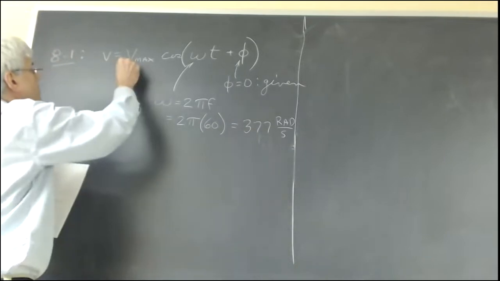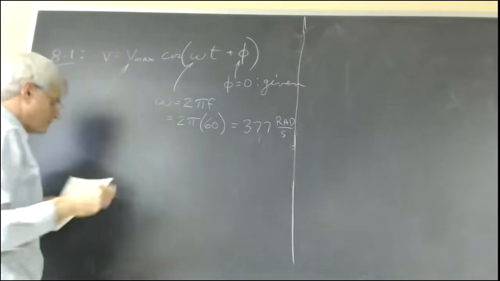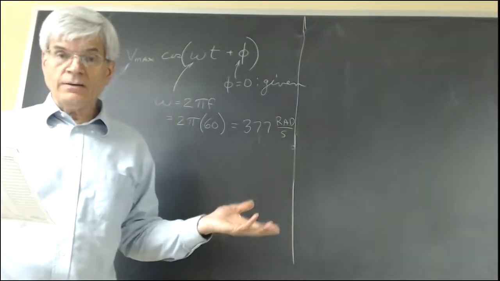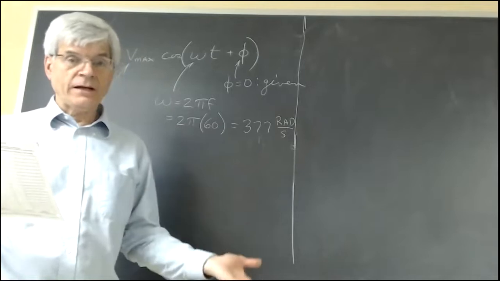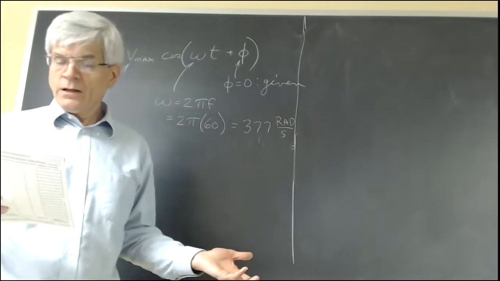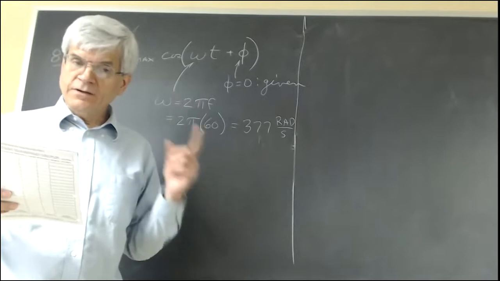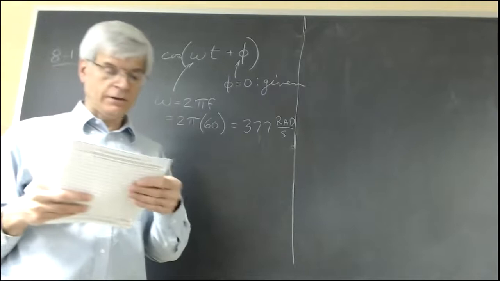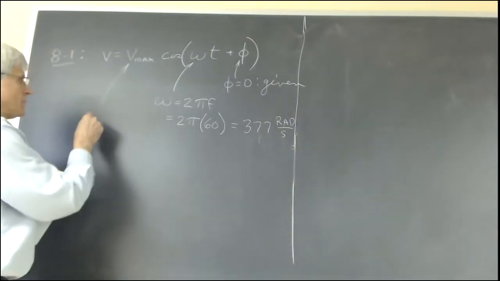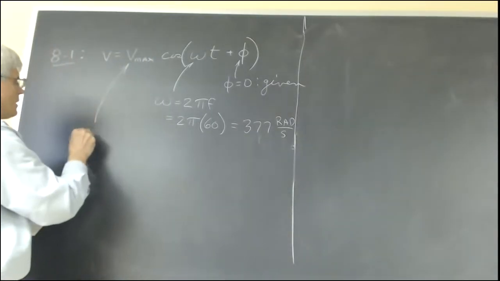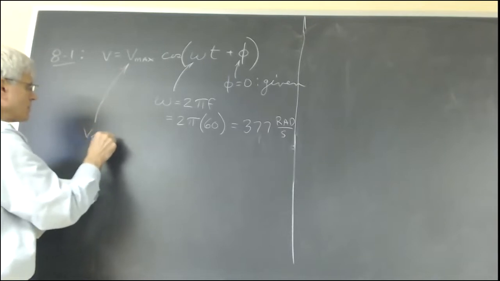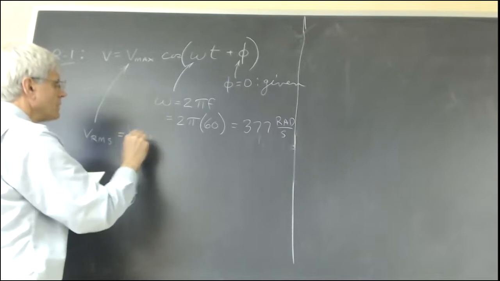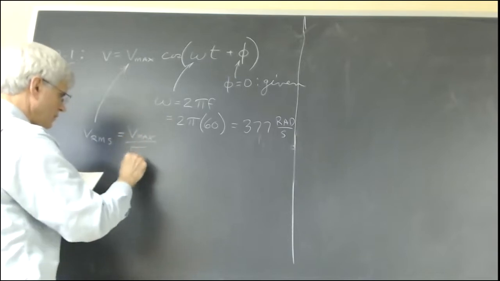And we need a number to put in here. Well, don't get messed up by this effective versus peak thing. 121 volts is not the amplitude of the voltage. That's the RMS voltage. I think the way it's written on your formula sheet, it says the RMS voltage is equal to the maximum over the square root of 2.